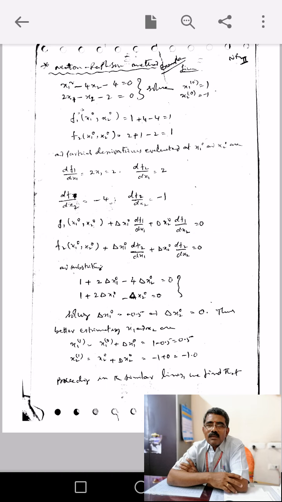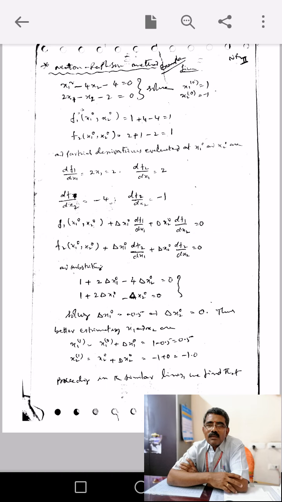So the updated value, how do you get it? f1(x1^0, x2^0) plus delta x1^0 ∂f1/∂x1 plus delta x2^0 ∂f1/∂x2 equal to 0. That means the matrix we are expanding here. So likewise f2(x1^0, x2^0) plus delta x1^0 ∂f2/∂x1 plus delta x2^0 ∂f2/∂x2 equal to 0. So substitute all these values because the derivatives are already evaluated.